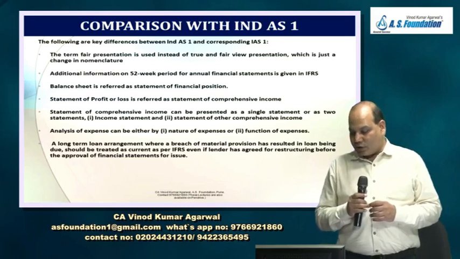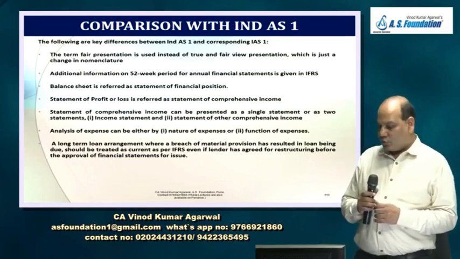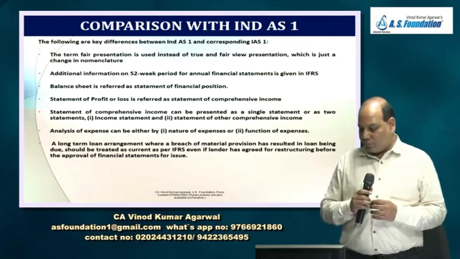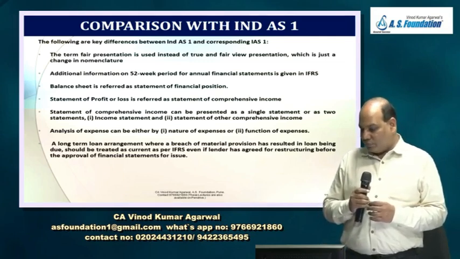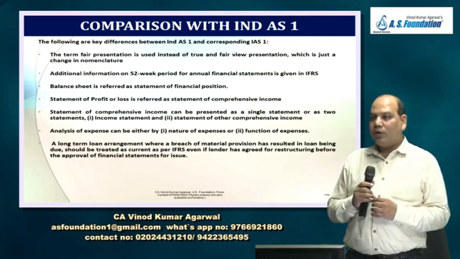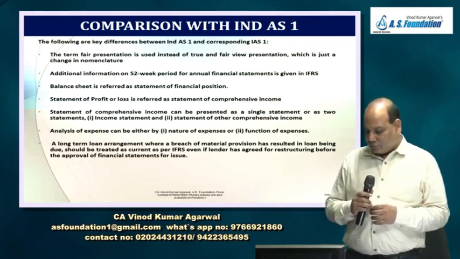One more difference is analysis of expenses in IAS 1 can be either based on the nature of expense or based on function of expense, whereas under IND AS 1 it can be only based on nature of expense.